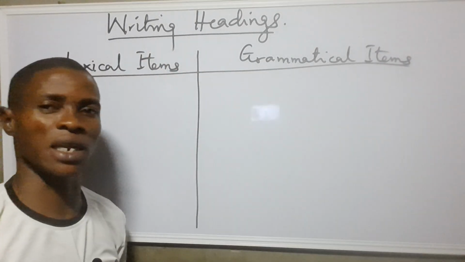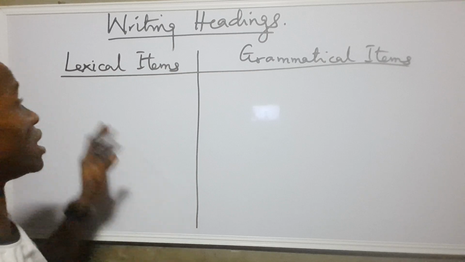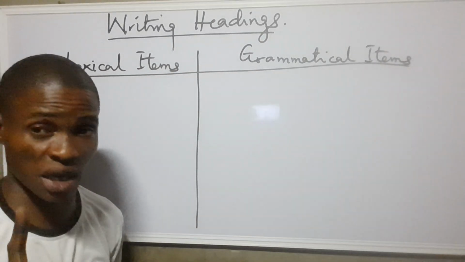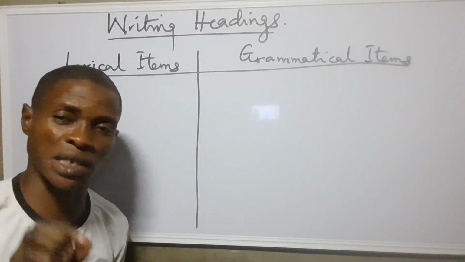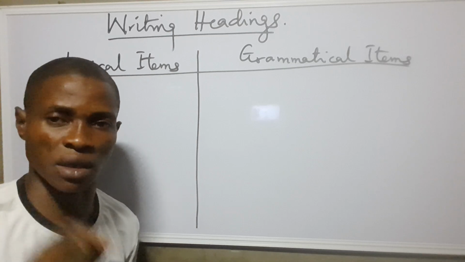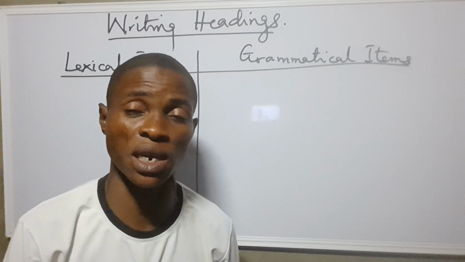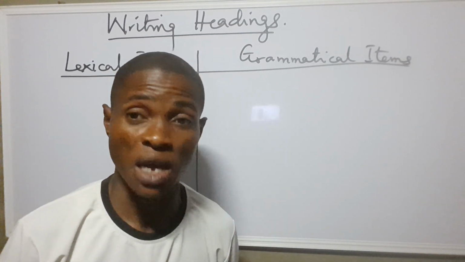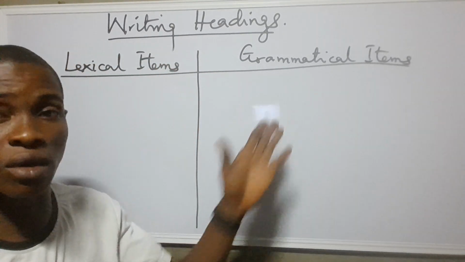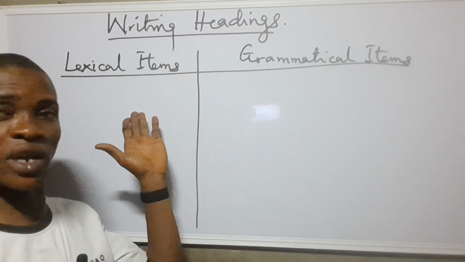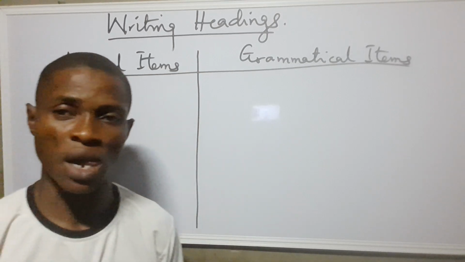Now, what are the lexical items? I said before that they are the parts of speech that carry meaning, that express certain meaning in the discourse, while the grammatical items are just there for grammatical purposes. They are not carrying any major meaning. That's why they are called the minor class, and the first one is called the major class.